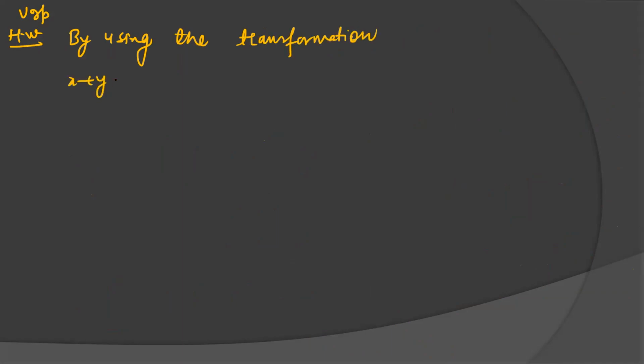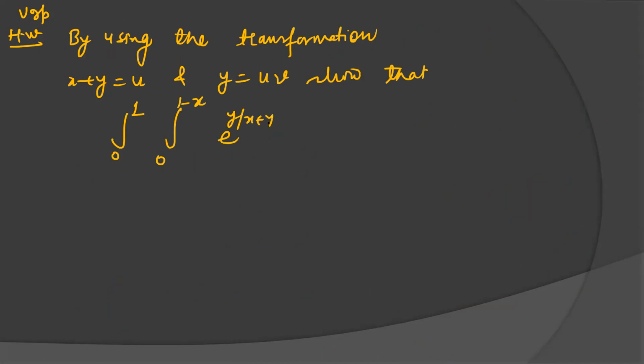I am giving one problem as homework. This is an important problem. By using the transformation x plus y equal to u and y equal to u into v, show that the integral from 0 to 1, 0 to 1 minus x of e to the power y over (x plus y) dx dy is equal to 1 by 2 (e minus 1).